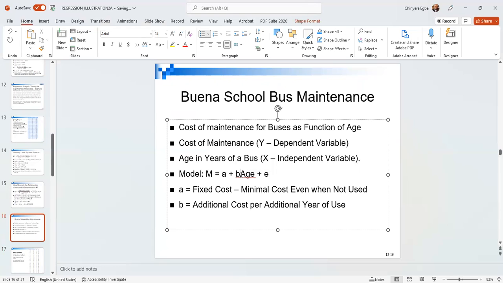For example, for each additional year, how much additional money are you going to spend on the maintenance of a vehicle, okay? So A represents the fixed cost. You have to maintain a vehicle whether or not, I mean, even if you leave it there from the moment you buy it, you're going to change oil, you're going to put in new oil, you're going to do other things to maintain the vehicle. And B is additional cost per additional year of use.